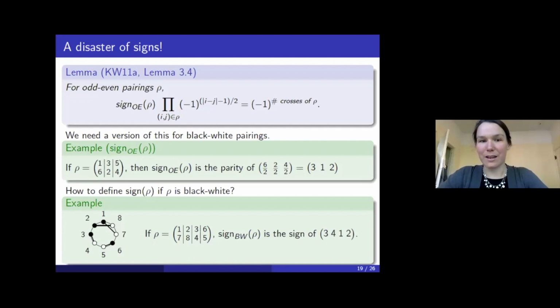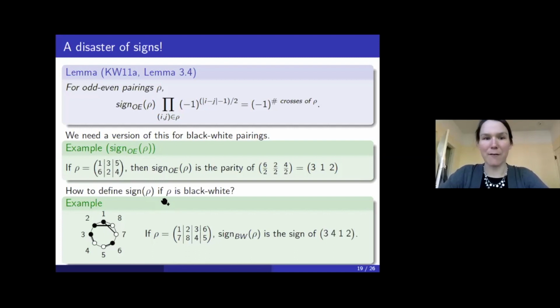The disaster was having to redefine all these signs. Their lemma is really nice; the disaster part was that it wasn't always immediately obvious how to redefine the signs. In this first example, it's clear how to define the sign of a black-white pairing.